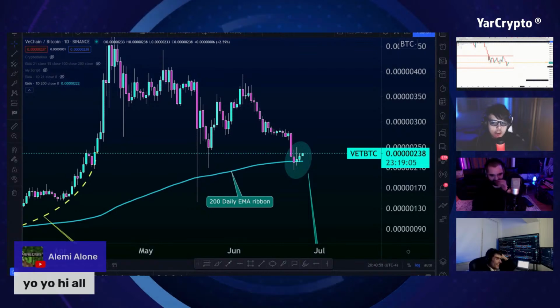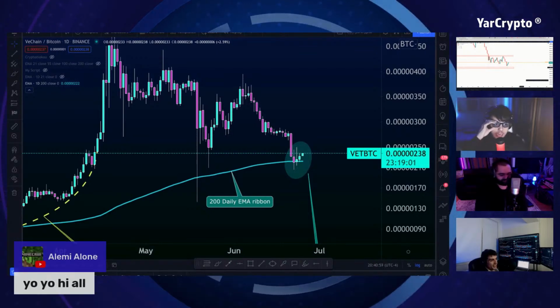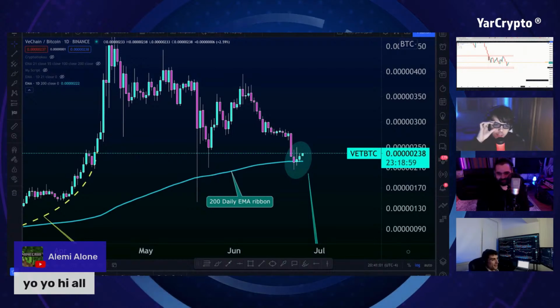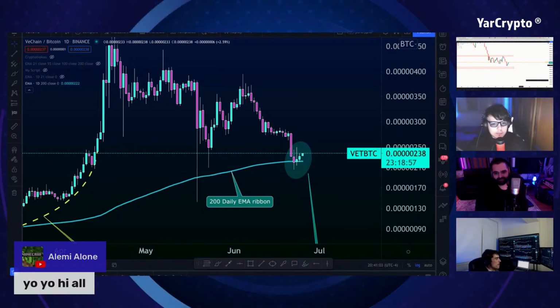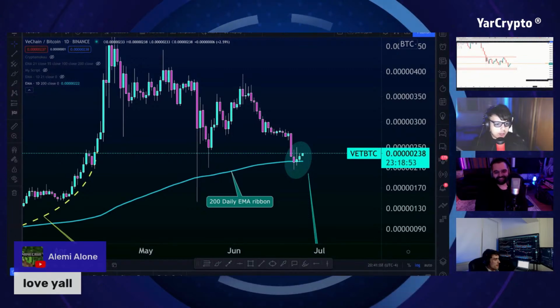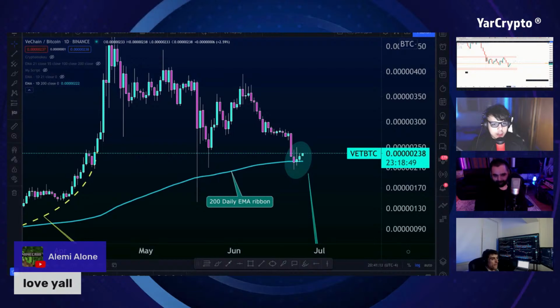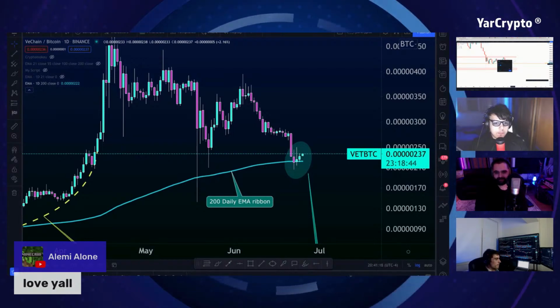So yeah, talking about what's up with the price today, we had quite a nice pump today. Just so you guys keep updated, we are still testing this middle range 618 level resistance area.